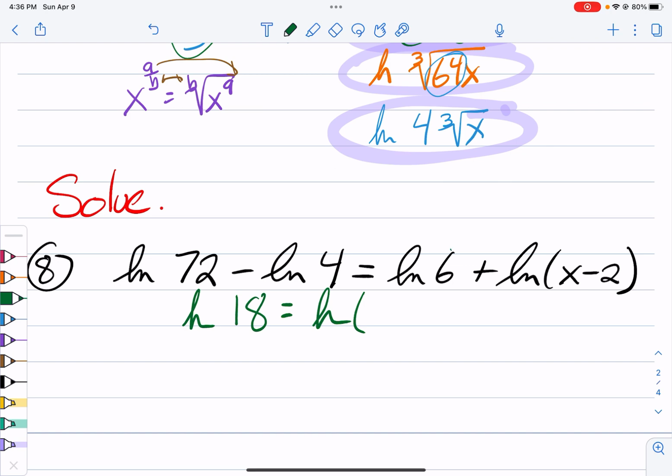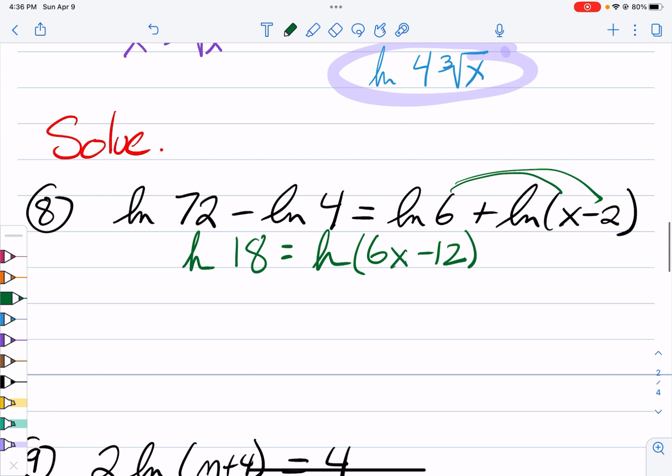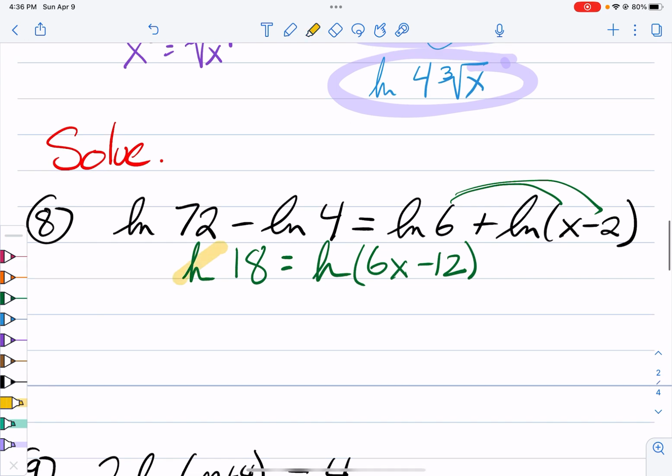Now I'm going to multiply my 6 by x minus 2, but I'm going to distribute. So I'm going to call that 6x minus 12. 6 times x is 6x. 6 times negative 2 is negative 12. My logs are balanced, so I can say that they're already taken care of, they're done, and the rest of the equation is what I'm going to solve.